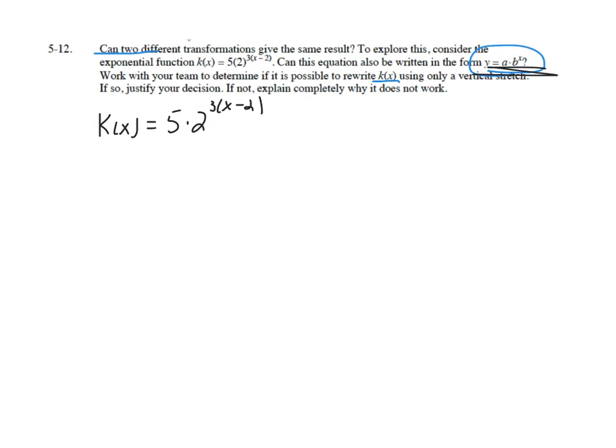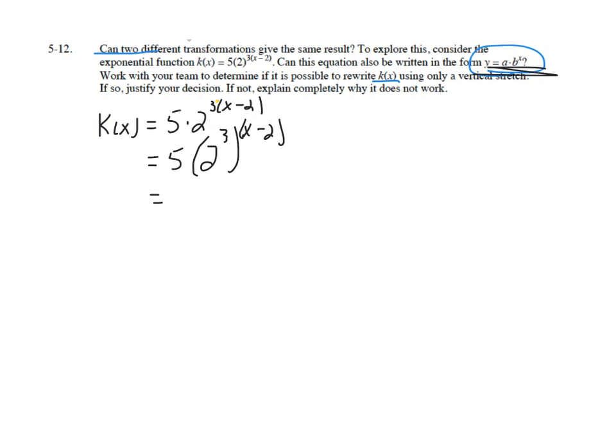Well, here's what I'm noticing first of all, is that we've got a little multiplication taking place here. We have 3 times x minus 2. That's an example of our power property. So let's rewrite this as 5 times 2 to the third power raised to the x minus 2.